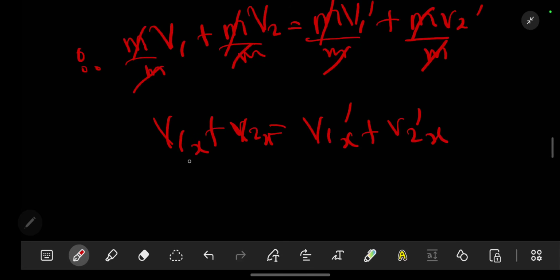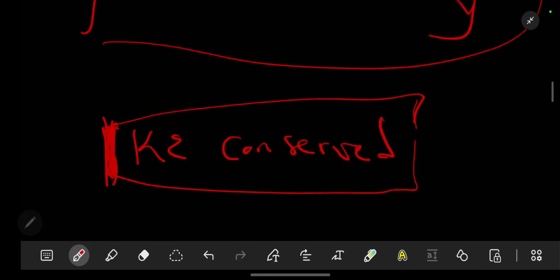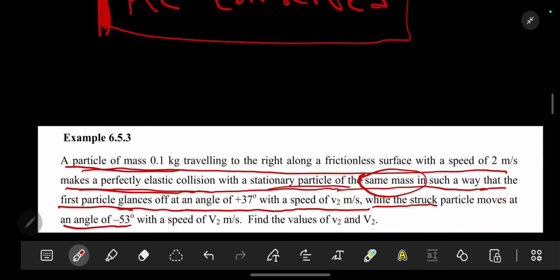So then v1 in the x, remember this one, the particle is traveling to the right, so it's moving like that with a speed of this, making an elastic collision. We haven't been told whether it has an angle to begin with. So this one we are going to say that it's moving like that.